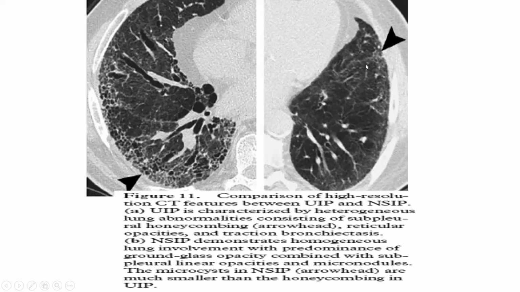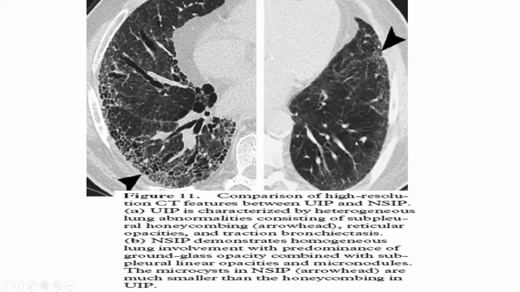Whereas the left one is NSIP, where you see homogeneous involvement with predominance of ground glass opacities. You see GGOs and you see subpleural micronodules. Most commonly, you see small nodular opacities.